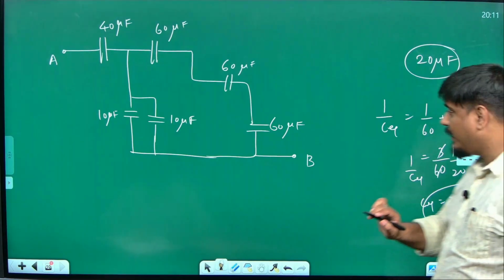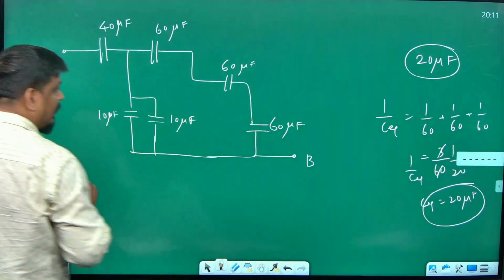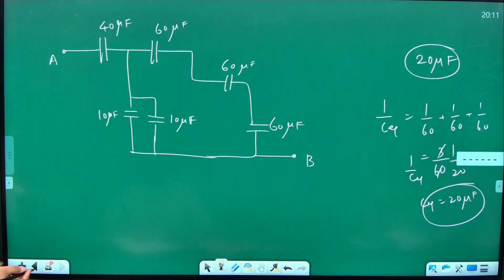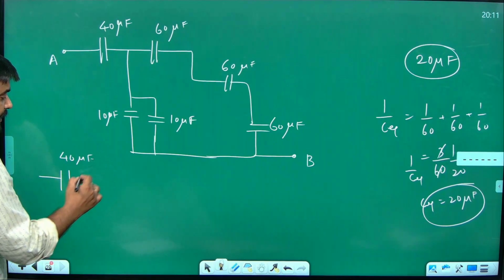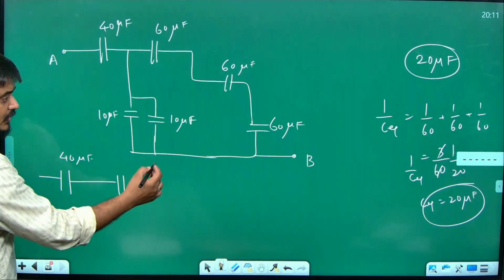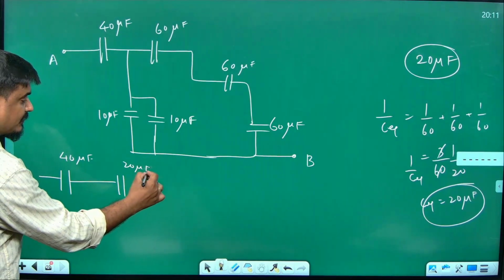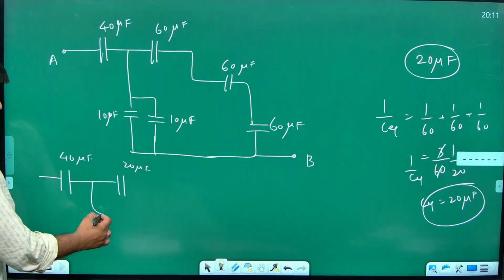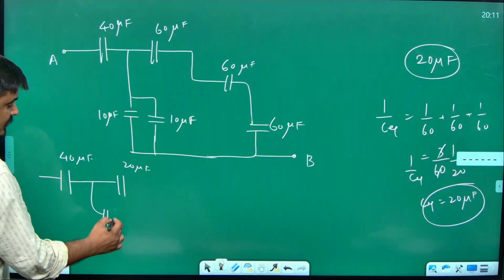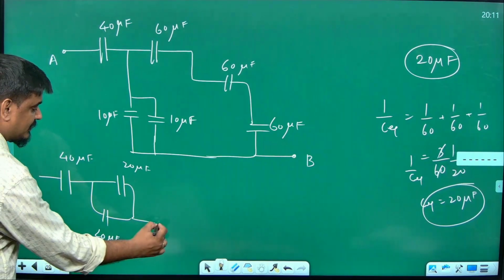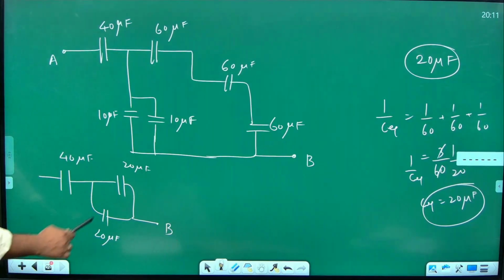Same way, this 10 and 10 are in parallel, it will become 20. So I am going to have 40 here, and then I am going to have 20 here, and 20 here, and then these two are connected like this, isn't it? 20 and 20 are in parallel, it will become 40.